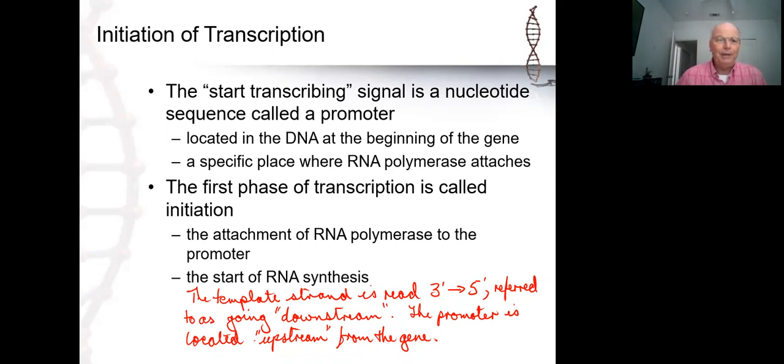It doesn't need a primer in order to get started. It can immediately start assembling the transcript by reading the template strand. So it starts reading the template strand 3' to 5' and starts building the messenger RNA or the transcript by adding nucleotides 5' to 3' on the growing strand.